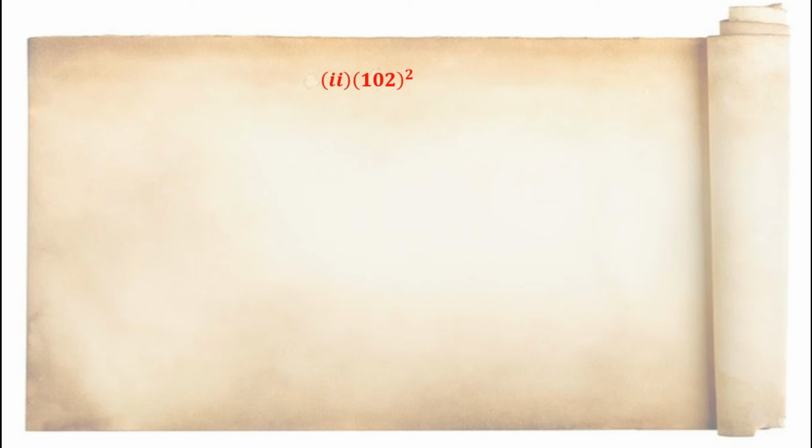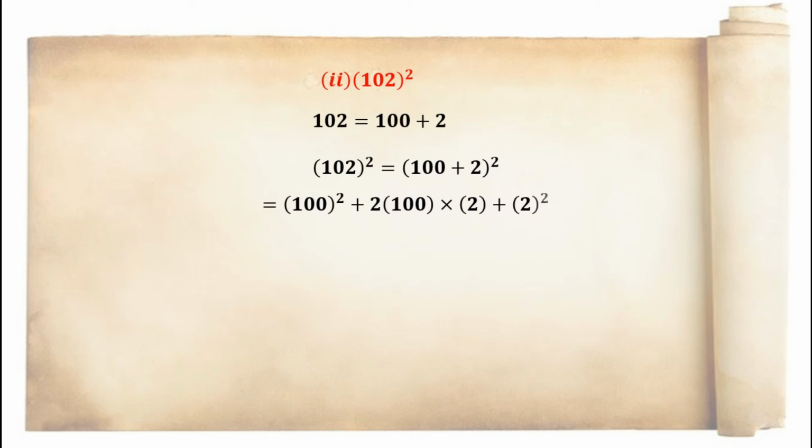And the second question, you are observing the question 102 raised to 2, and here is the solution for it: 102 is equal to 100 plus 2, and 102 raised to 2 is equal to 100 plus 2 raised to 2, which is 100 raised to 2 plus 2 into 100 into 2 plus 2 raised to 2.